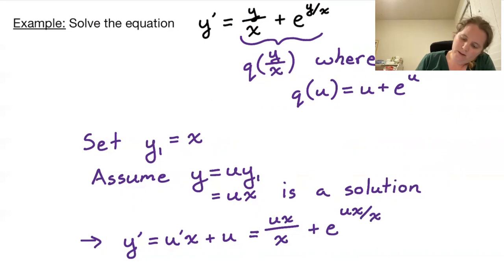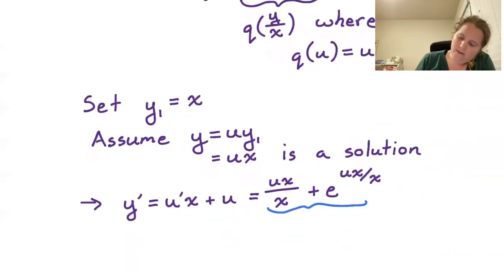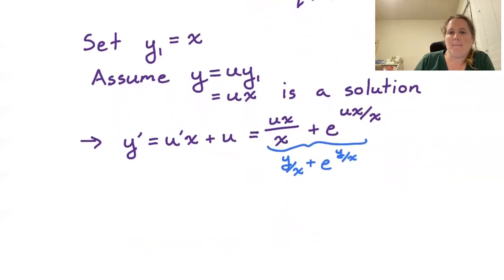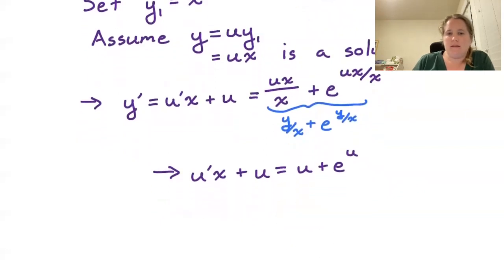So again, this part here is just our y over x plus e to the y over x. This therefore simplifies to u prime x plus u is equal to u plus e to the u, or u prime x is equal to e to the u.